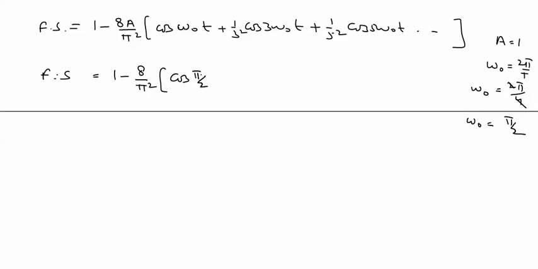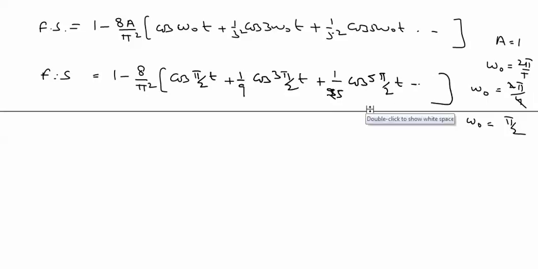Cos pi by 2 t plus 1 by 9 cos 3 pi by 2 t plus 1 by 25 cos 5 pi by 2 t and so on. This is the Fourier series expansion for this waveform.